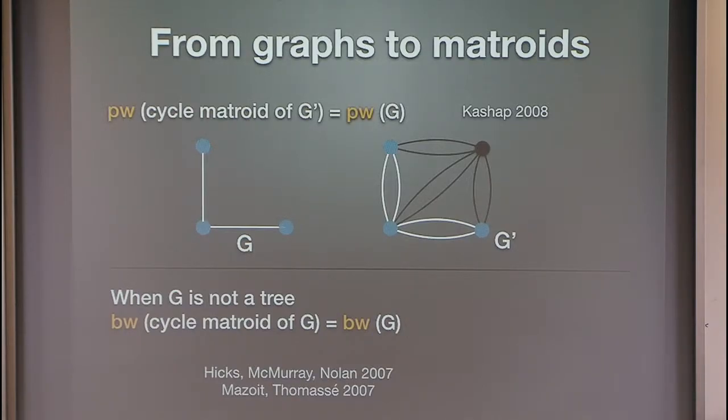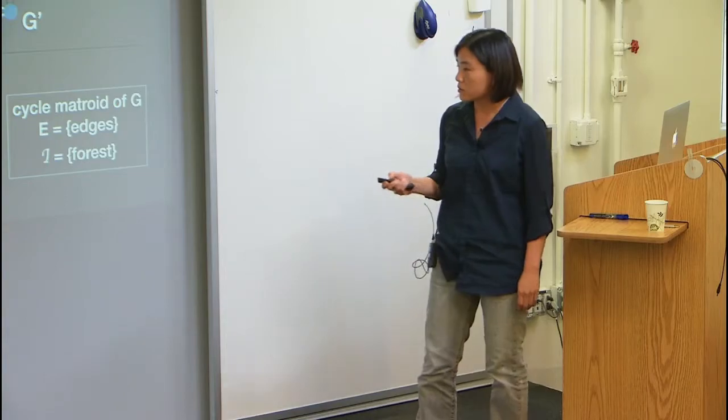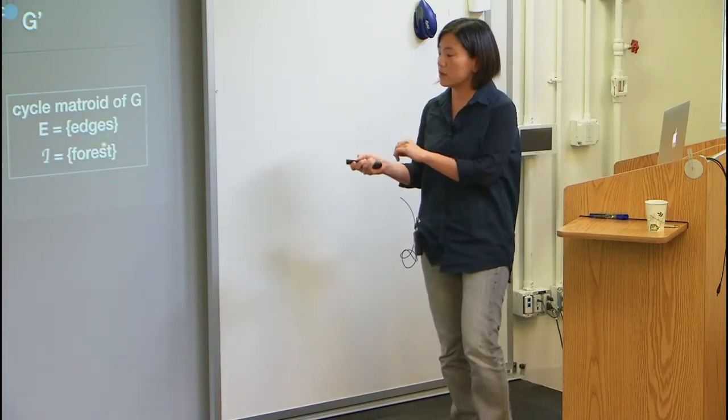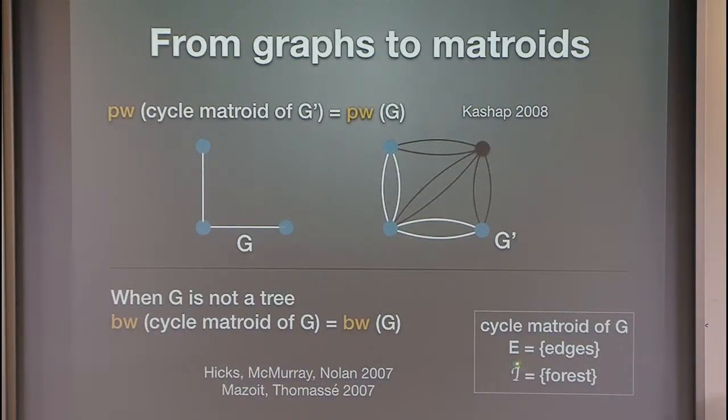So this is a very simple construction, and then we have this relation. Again, the branch width of a graph is the same as the branch width of the cycle matroid of G, if G is not a tree. If G is a tree, then this relation doesn't hold. Just a quick reminder, or you can try it if you are not familiar with matroids, this is a very simple exercise.